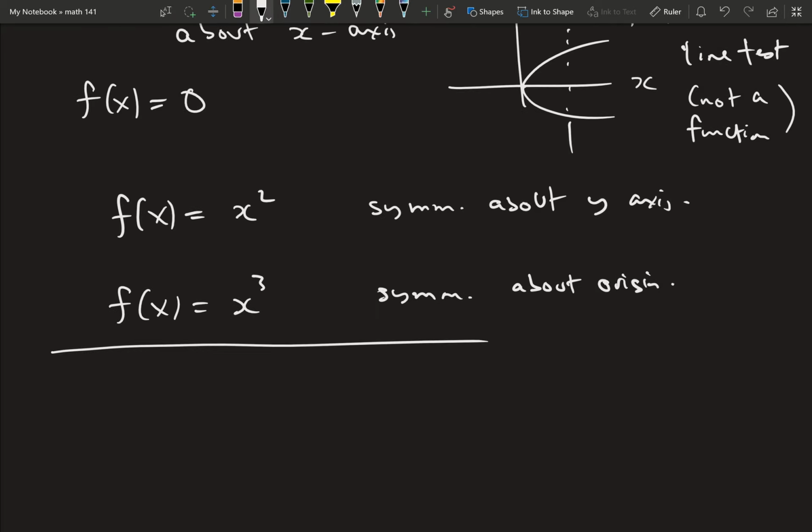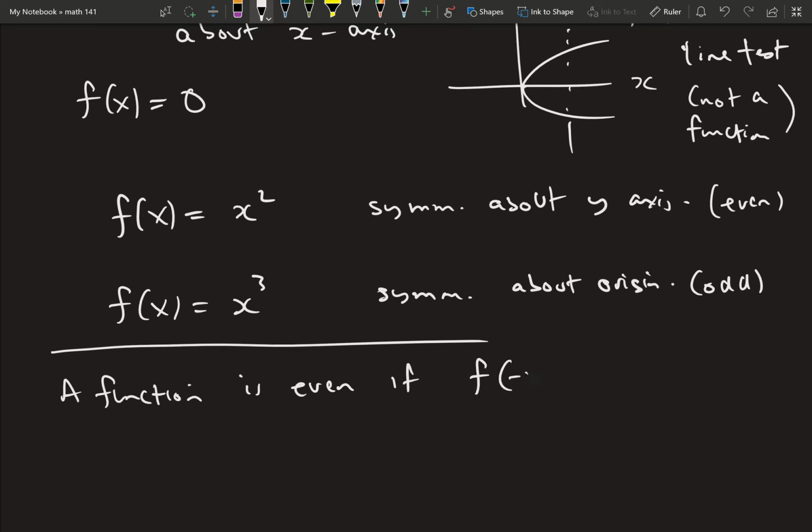So a function, and by the way, this is going to be the even one, this is going to be the odd. A function is even if f of negative x equals f of x. The definition, when you put it in terms of functions, it comes out to be much cleaner.